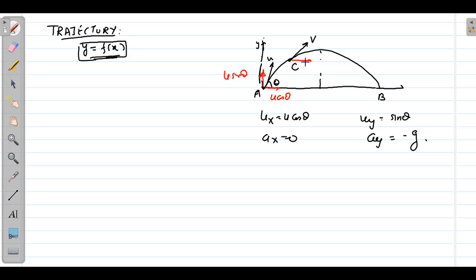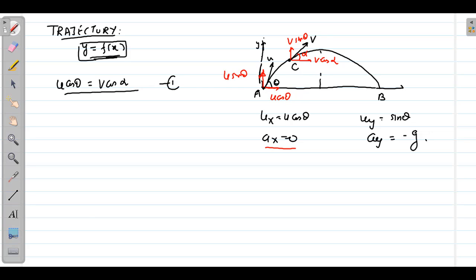Similarly, the component of v along the x-axis, say this v makes an angle alpha with the horizontal axis, will be v cos alpha, and this component will be v sin alpha. We have already mentioned that there is no acceleration along the x-axis. That means in absence of acceleration, velocity will not change. Therefore, we can write u cos theta equal to v cos alpha.